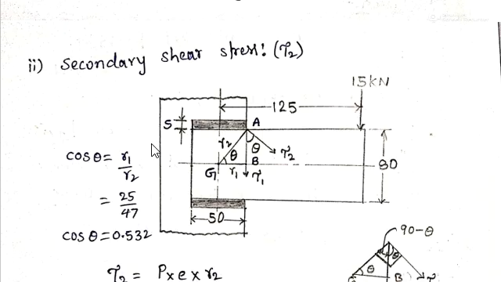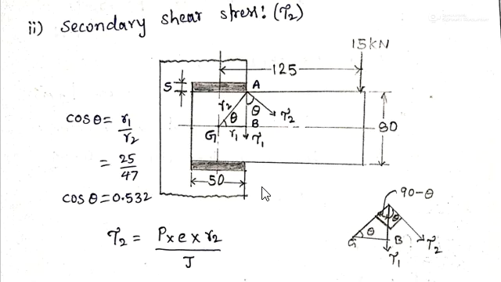Now let us calculate the secondary shear stress tau 2. If you see this diagram, this load is also trying to produce secondary shear stress because it is rotating about the center of gravity. In that process, it will produce secondary shear stress at many points in the weld section.